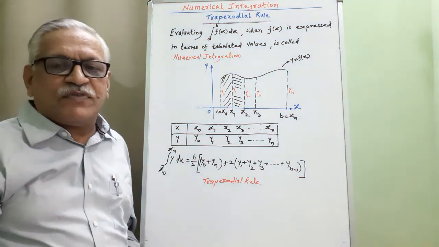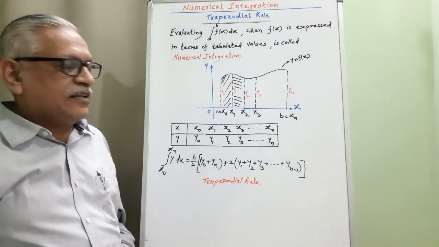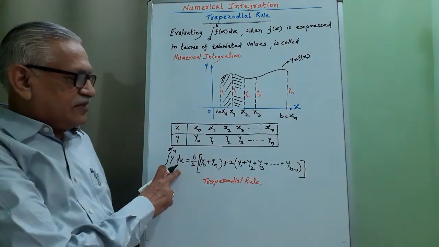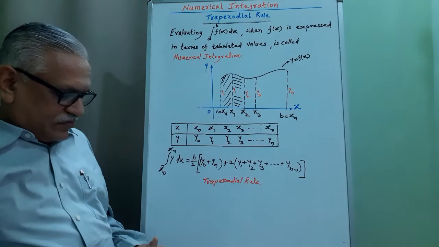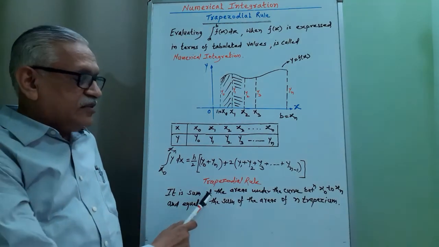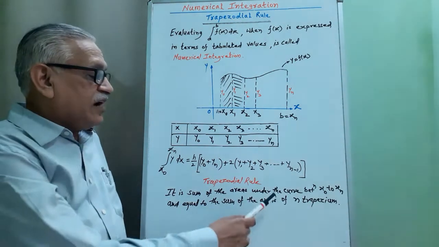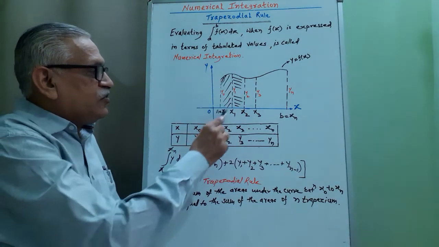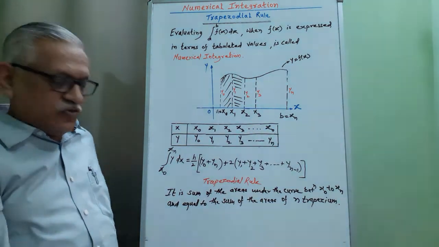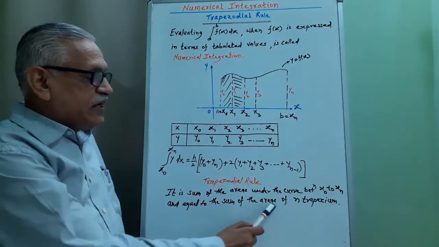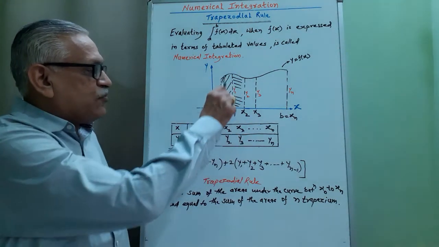Then if we take the sum of all those areas, that is nothing but the value of that definite integral by the trapezoidal rule. It is the sum of the areas under the curve between x0 to xn, and by the trapezoidal rule, it is equal to the sum of the areas of n trapezia.